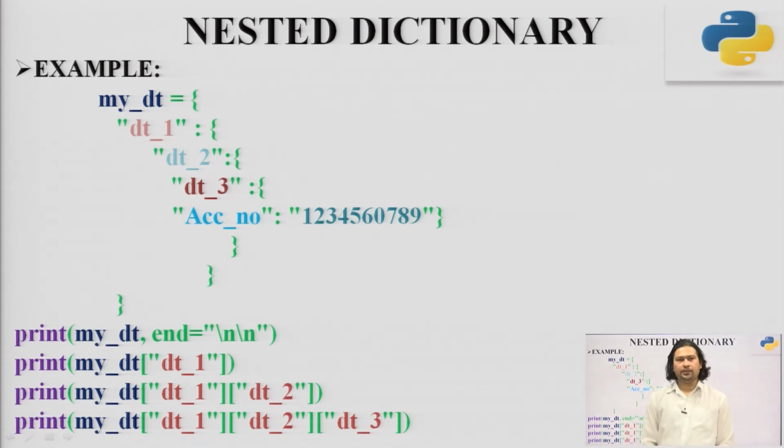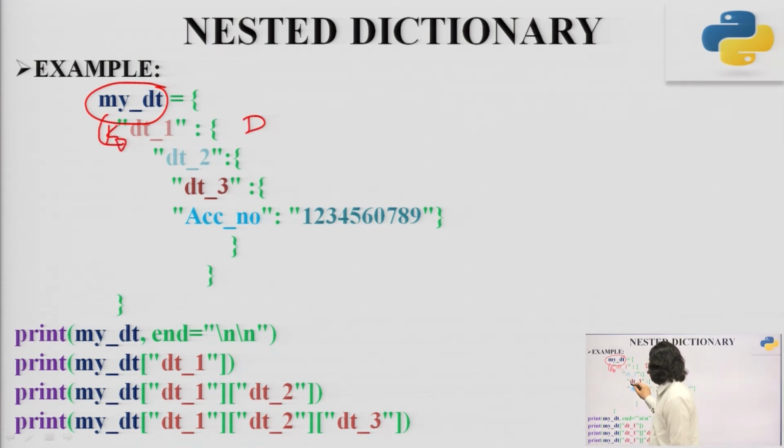Now, this is the last and special case of nested dictionary, in which you can see there is a following up of dictionary elements or dictionary data type. Here my DT is the parent data type, and in that this is the key which holds a dictionary. Now, in that this is the key which holds the dictionary, and so on.